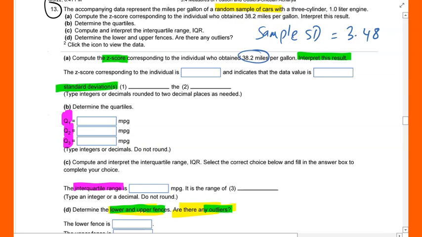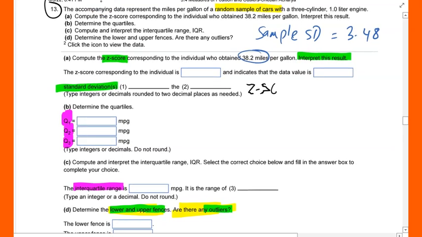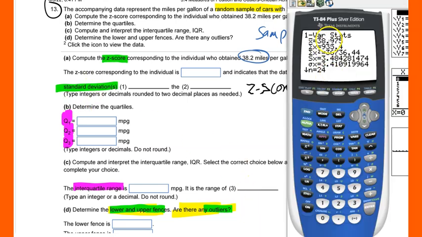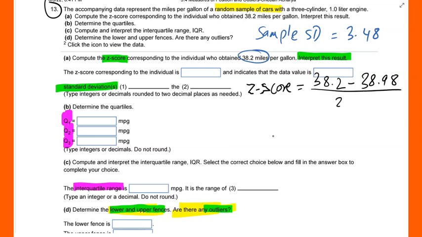Alright, now you're looking for the z-score. Therefore the z-score is the data value 38.2 minus the mean, which is in the calculator. You have the mean 38.98. That's what you're going to use, 2 decimal places. 38.2 minus 38.98, divided by the standard deviation 3.48, which is here.